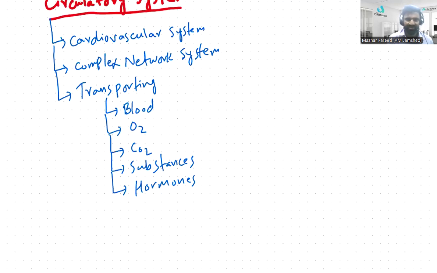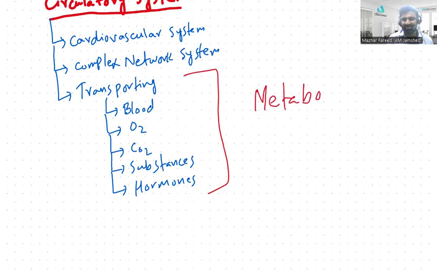Why are these needed to transport? Because these are needed for our metabolic processes, like cellular respiration, we can say.